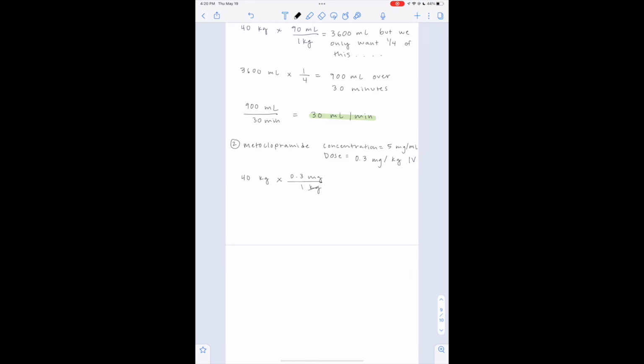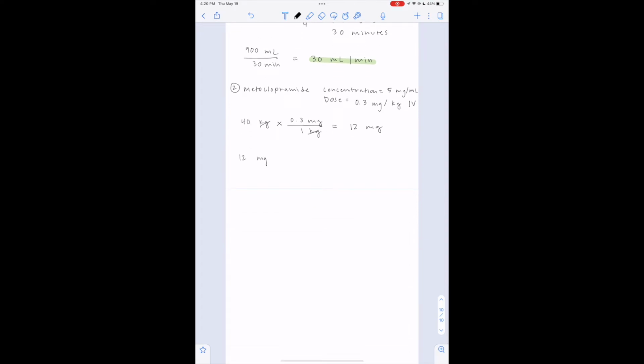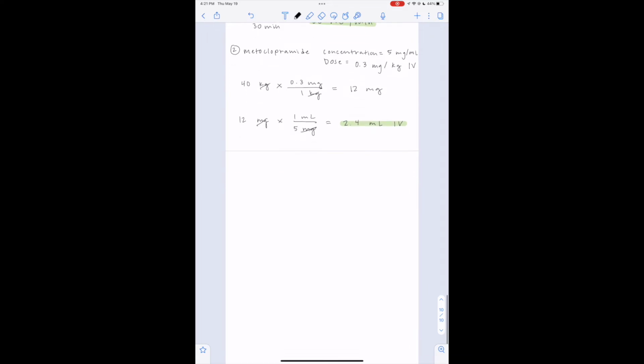Your kgs will cancel, and you'll be left with 12 mgs. And then you're going to see how many milliliters that is, so you get your 12 mgs, and then multiply by the concentration, so 1 milliliter per 5 mgs, and then you'll be left with 2.4 mils IV that you're going to be giving.